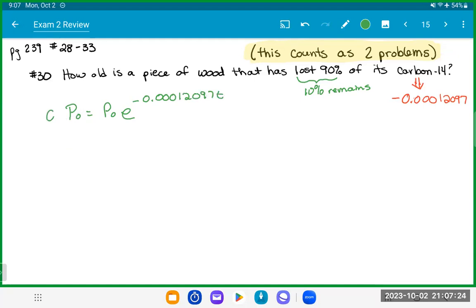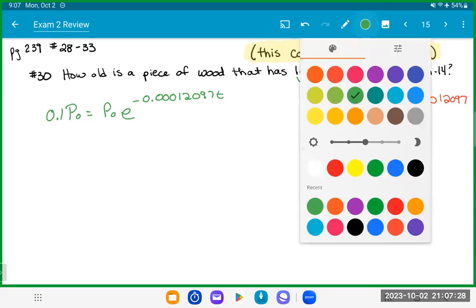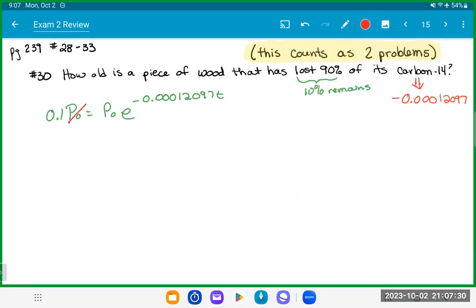But I have 10% of that, right? And I also have a P naught on both sides. So essentially, I have 0.1 is equal to e raised to the negative 0.00012097 t. So I can take the ln of both sides, right?